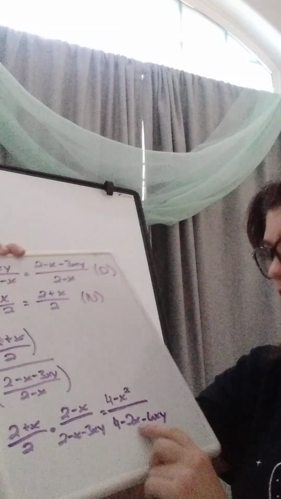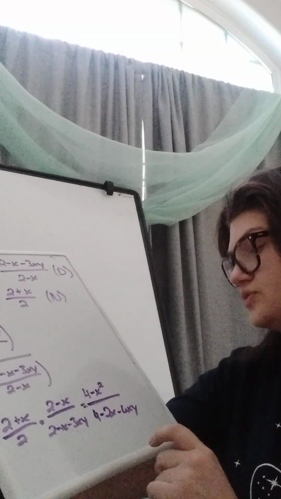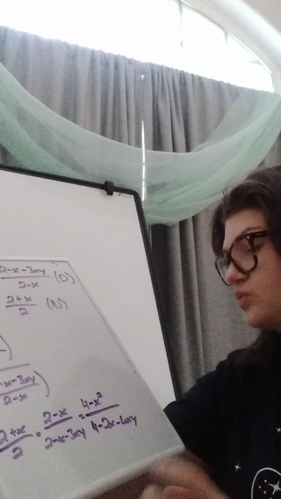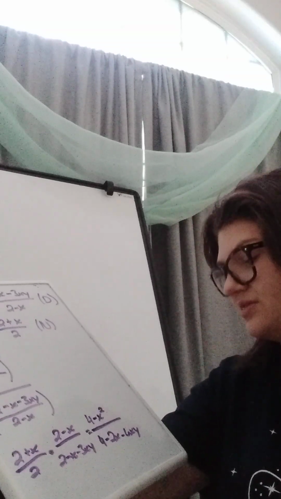And technically you could pull out an x there if you wanted to have x times the quantity 2 minus 6y. You could also pull out a 2 there, but I think it would make things messy.